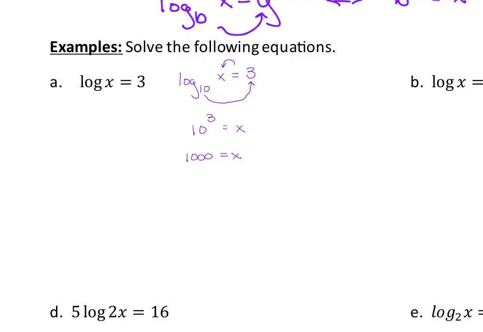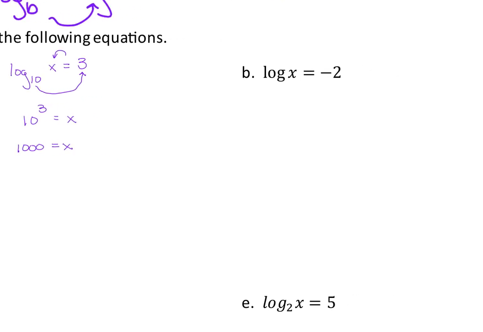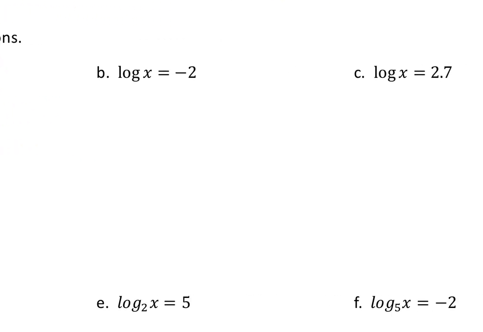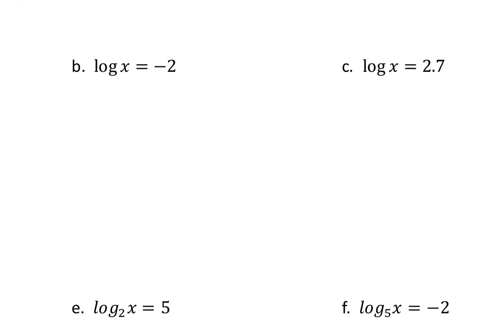All right, let's go ahead and look at a couple other ones. All right, example B. We want to do basically the same thing. I'm going to start by rewriting this as log base 10 of x equals -2. We do our around the world thing.